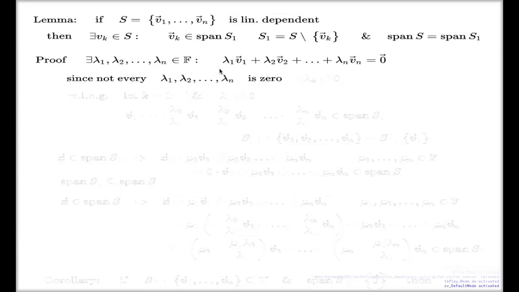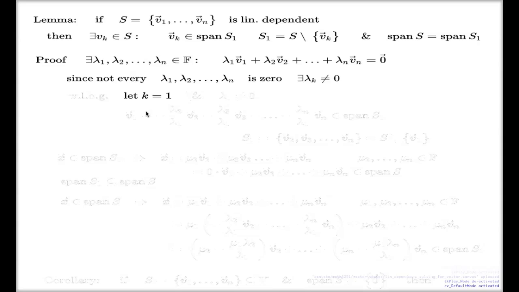Okay, so since I'm saying not everyone is 0, there is one there which is non-zero, right? Let's just say it is this lambda k, one of them, lambda k is non-zero. In fact, just for the sake of this presentation, I will assume that the first one is non-zero. Because the setting is symmetric, it doesn't matter which one you're assuming is non-zero.